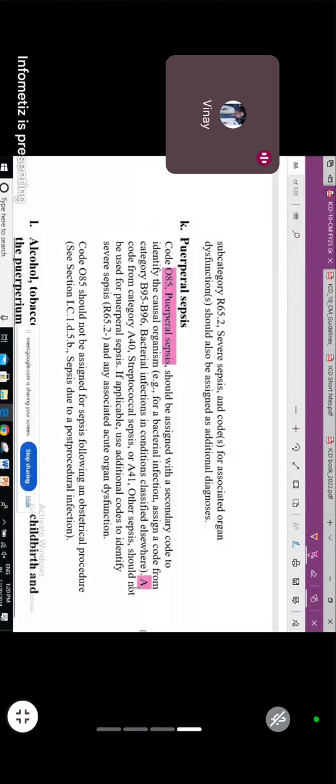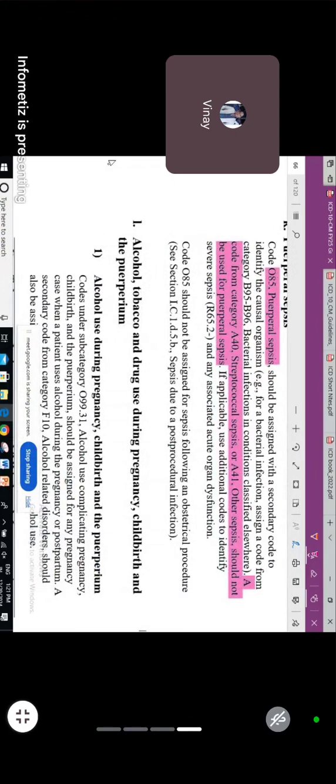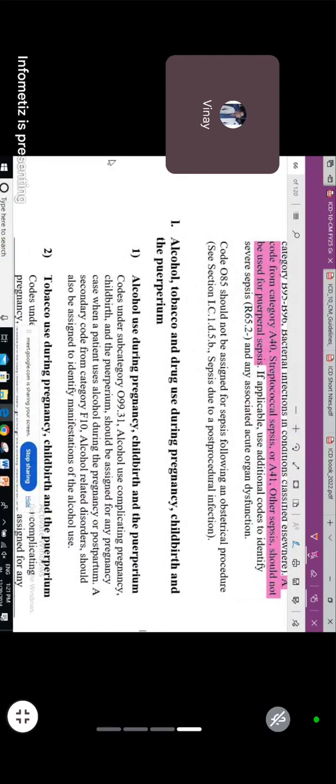Along with that, you cannot code the A40 or A41 series, because those are also for sepsis. You already said it is puerperal sepsis, so no need to say again it's sepsis by category A41. Good?